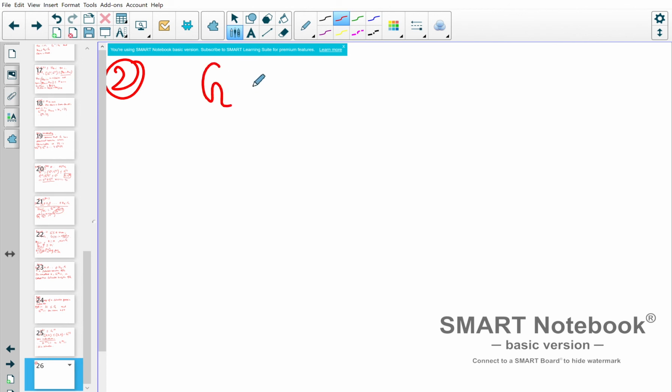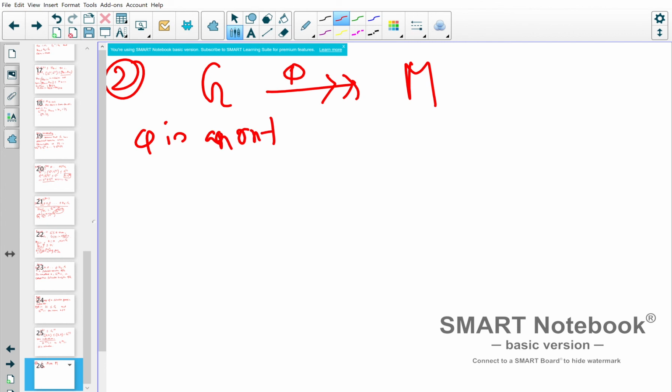Suppose we have two groups, say G and M, and phi is an onto homomorphism.